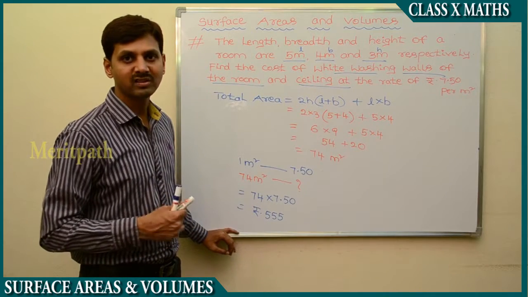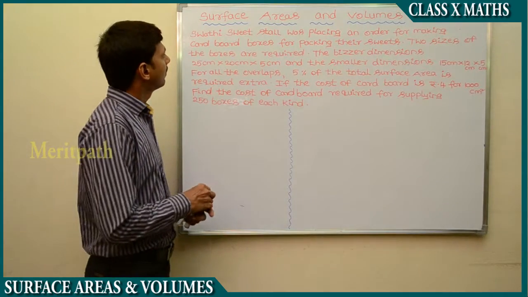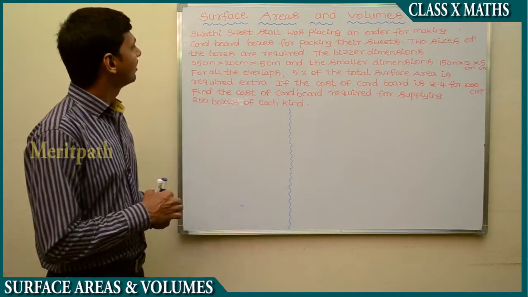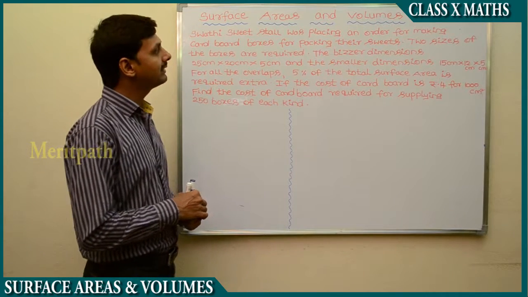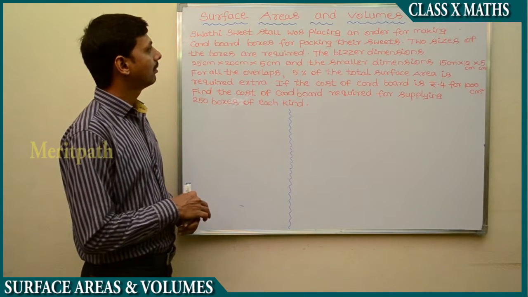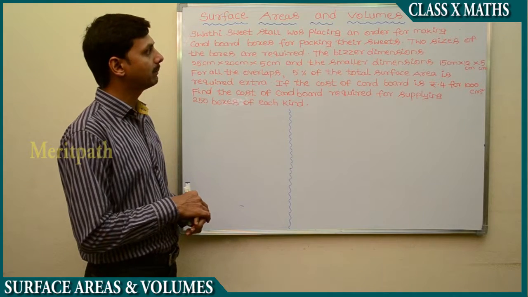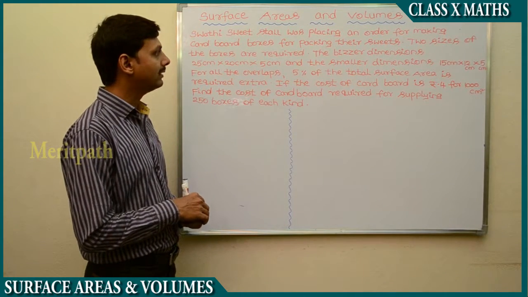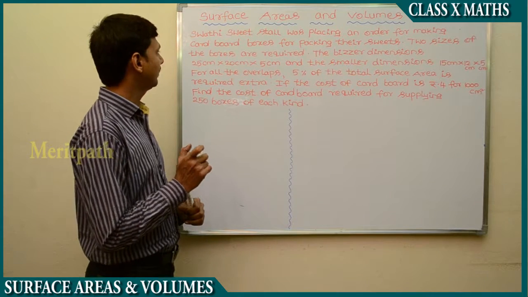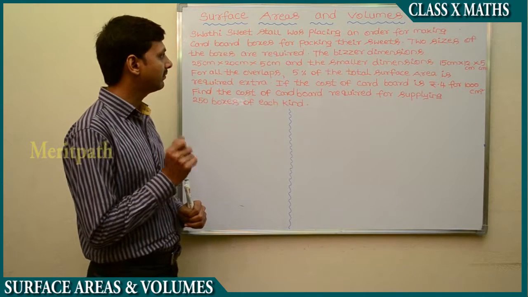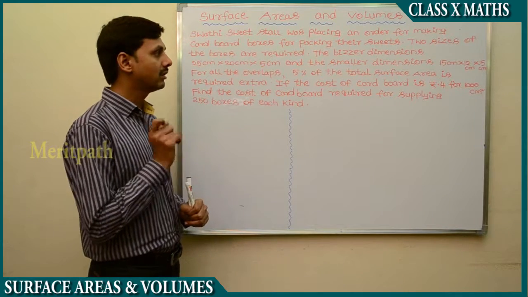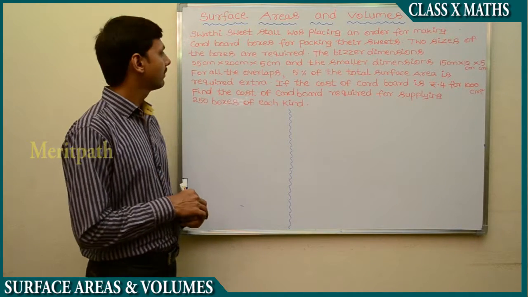Let's go to the next concept. Swati Sweet Stall was placing an order for making cardboard boxes for packing their sweets. 2 sizes of boxes are required. The bigger dimensions are 25 centimeters, 20 centimeters and 5 centimeters, and the smaller dimensions are 15 centimeters, 12 centimeters and 5 centimeters.